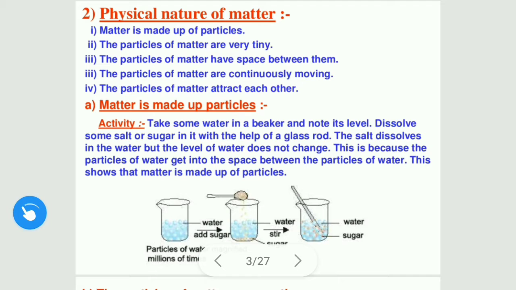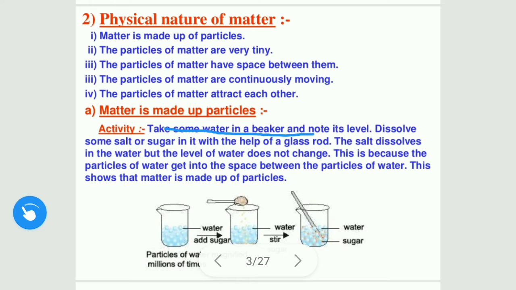In order to prove matter is made up of particles, we will do activity 1. Take some water in a beaker and note its level. Dissolve some salt or sugar in it with the help of a glass rod.